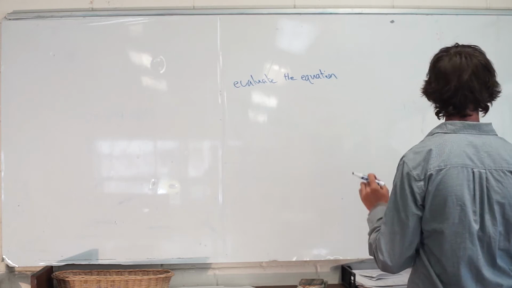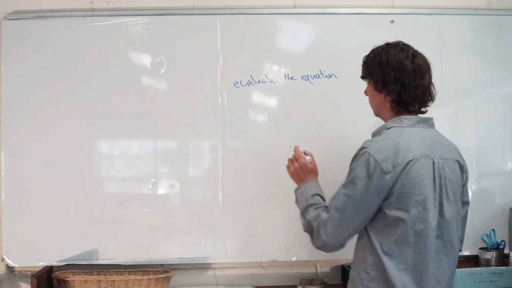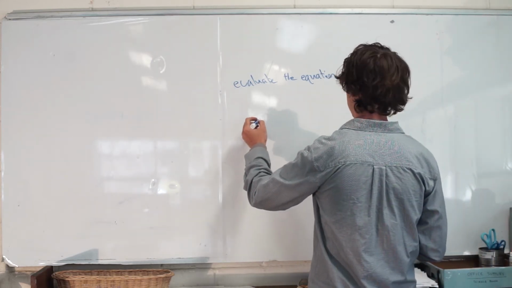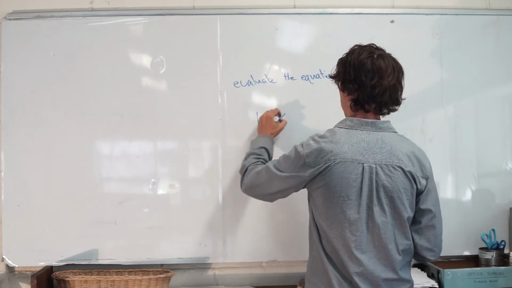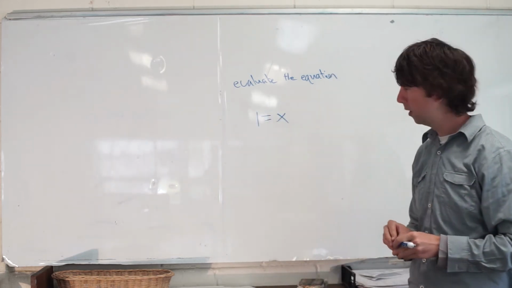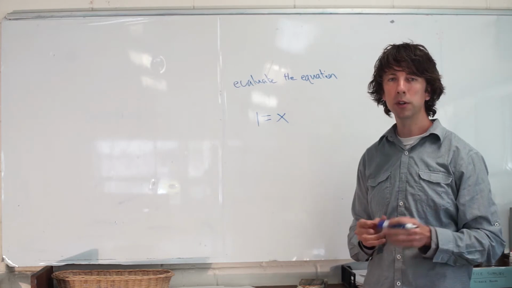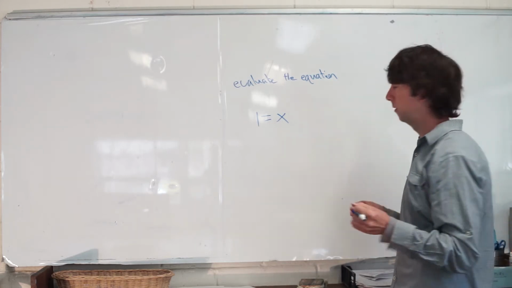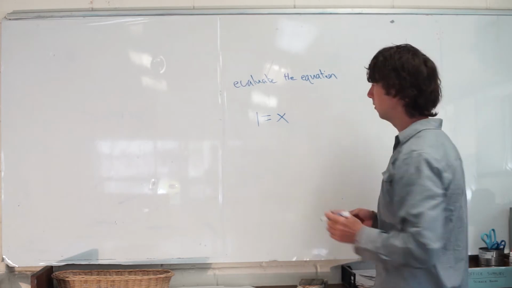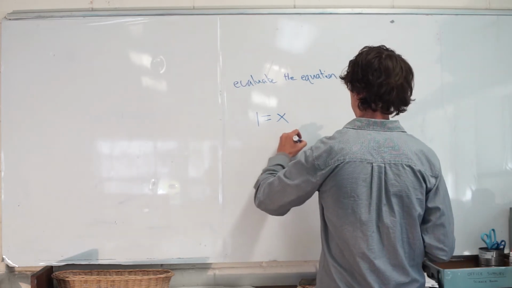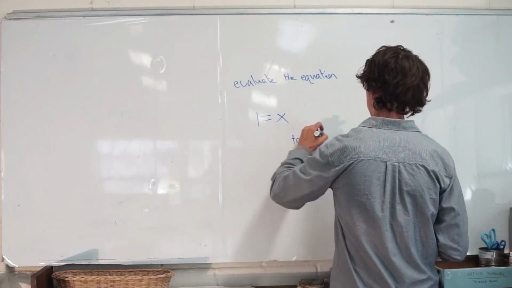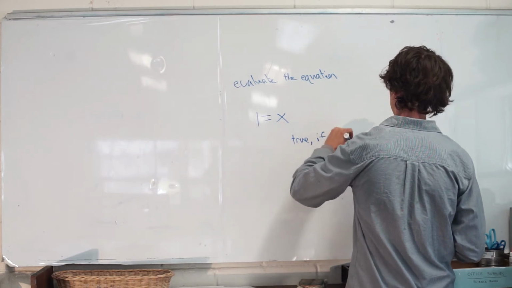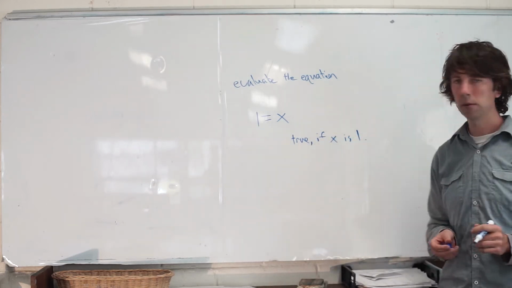However, it can get more complicated. So for example, the equation 1 equals x, introducing a variable. Is that true or false? Well, we don't know. It's only true if the value of x is 1. So you would write true if x is 1. Okay?